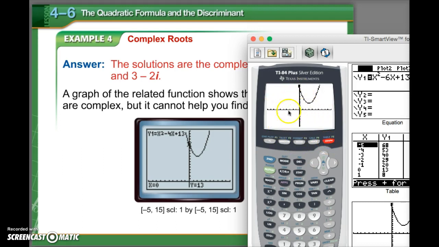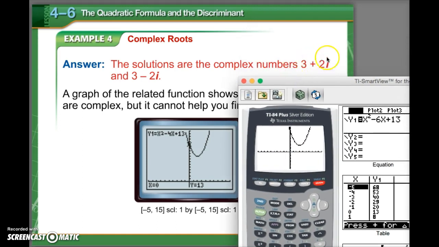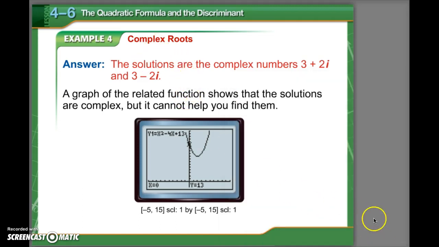They don't actually happen when they cross the x-axis. They only exist in the imaginary plane, the numbers 3 plus 2i and 3 minus 2i. So every quadratic equation always has two answers. It's just sometimes they're real answers and sometimes they're imaginary answers. And for this problem, they're imaginary answers.